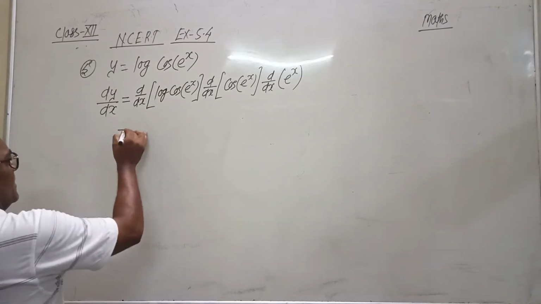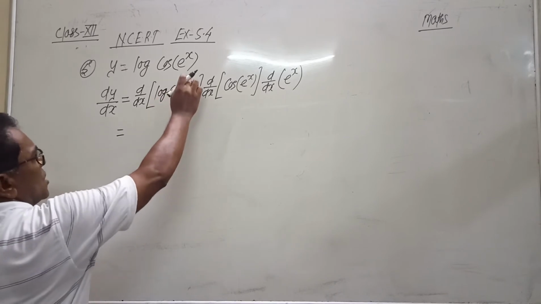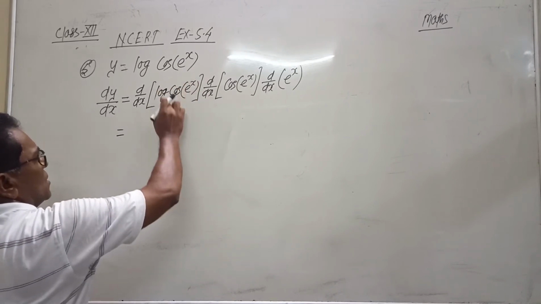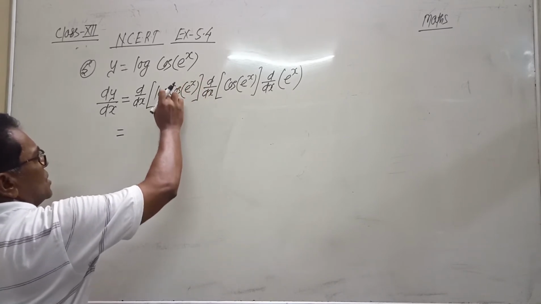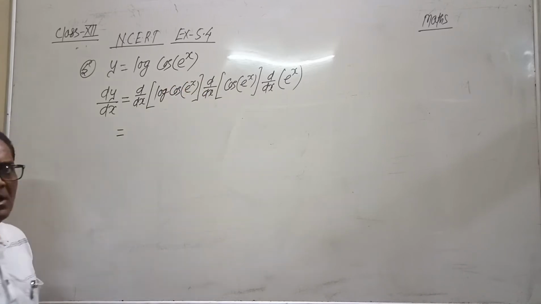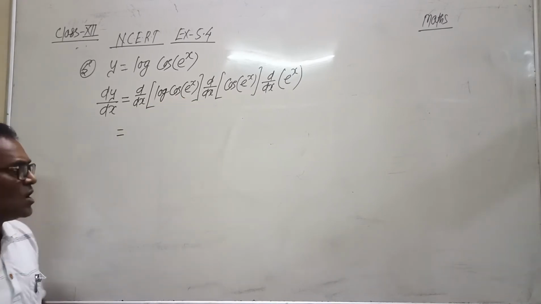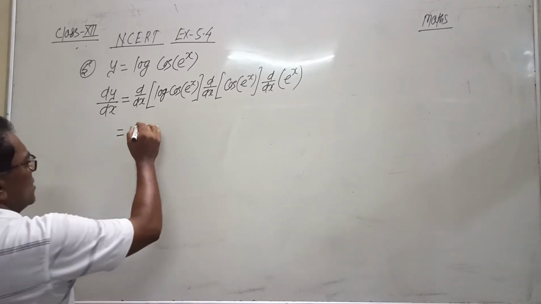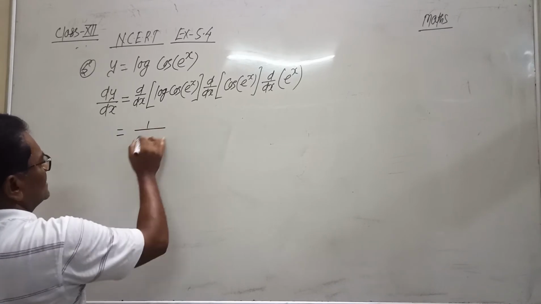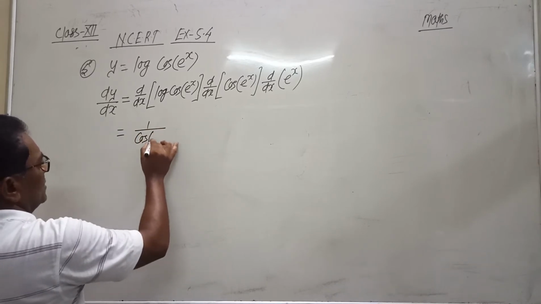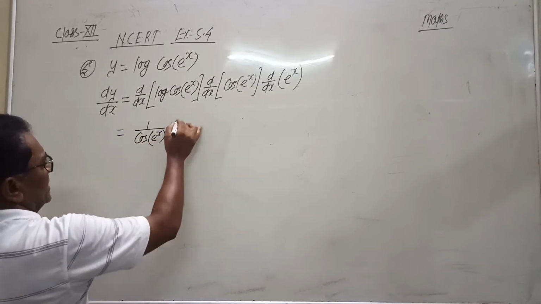So this is the form log of x. Assume this whole term cos e raised to the power x as x. So log of x, the differentiation of log of x is 1 upon x, means 1 upon cos e raised to the power x.